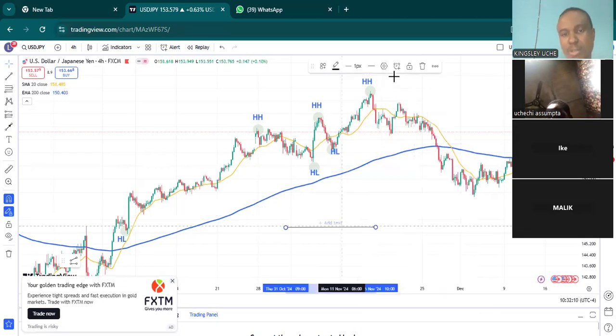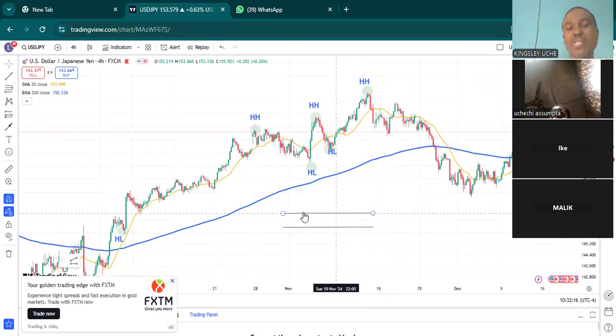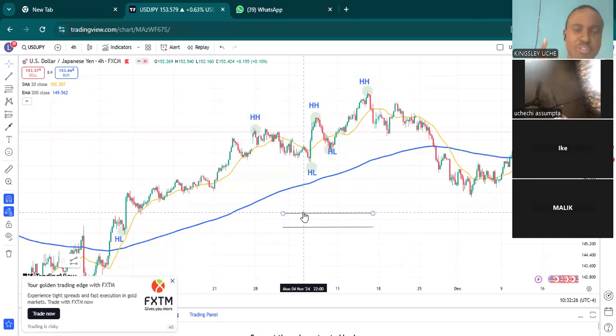We have to have two horizontal lines. With these horizontal lines, we'll be getting our break of structure and our change of character. These horizontal lines make us get the BOS and the CHOCH, break of structure and change of character. So now I'm going to show how that is done.